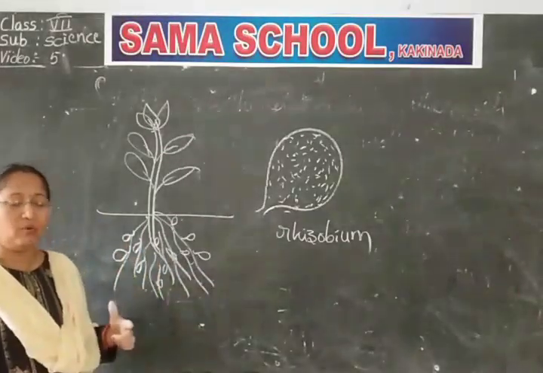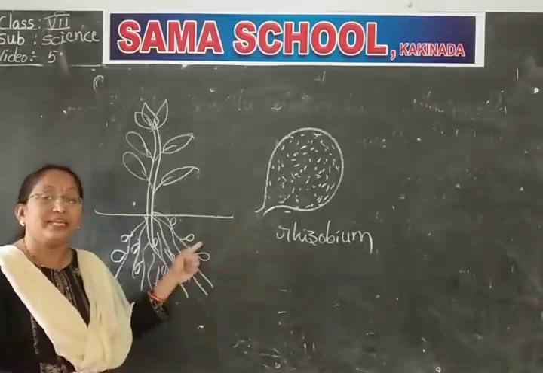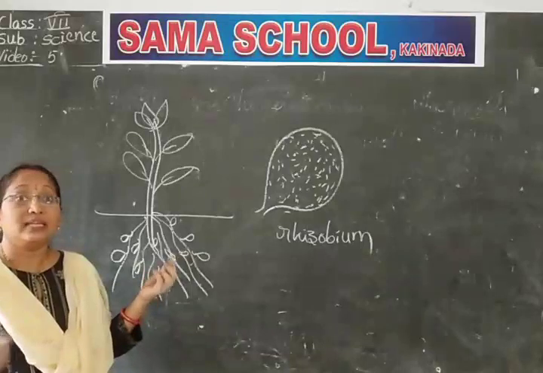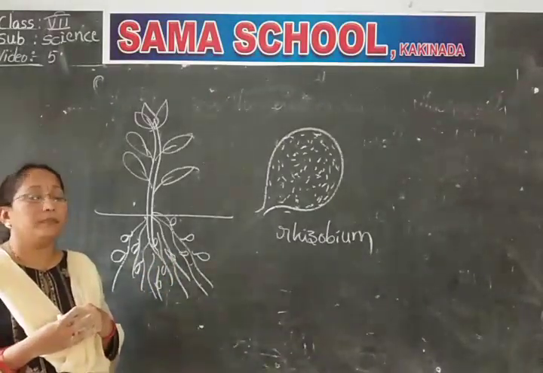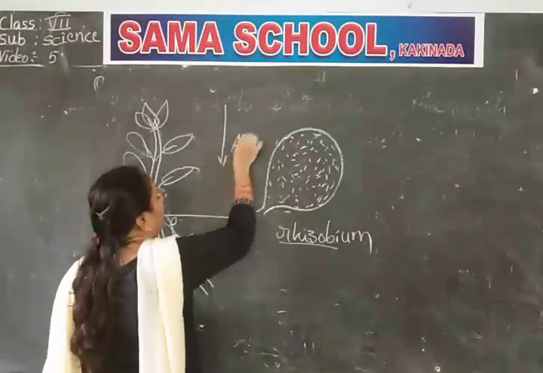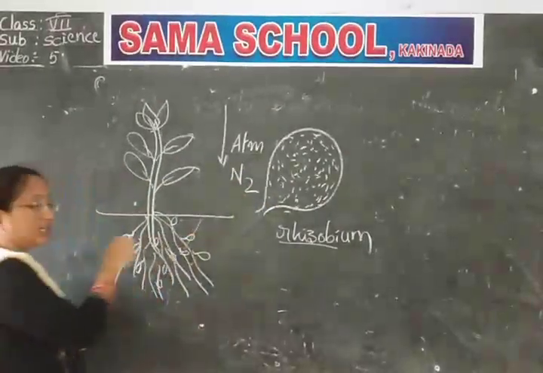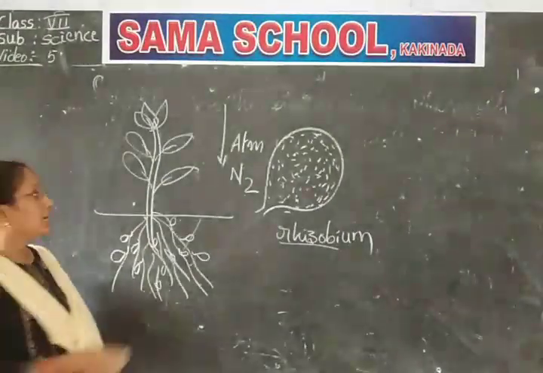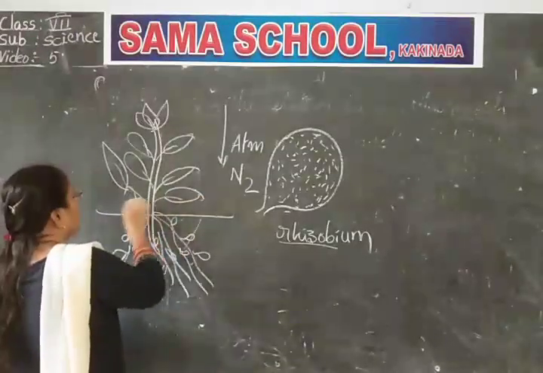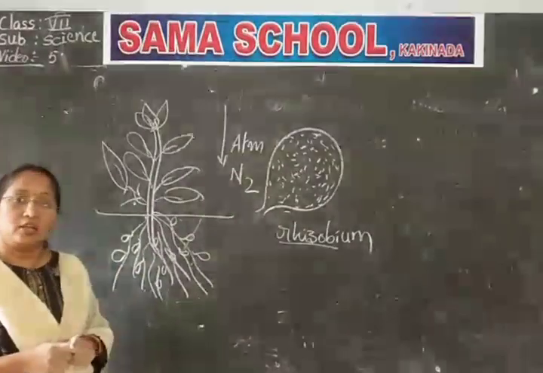In the same way, what is the use for the plant to keep this bacterium in its roots, you know? Yes, there is use. There is a symbiosis relationship here. This Rhizobium bacteria fixes the atmospheric nitrogen into the roots, which helps for the growth of the plant. Understand?